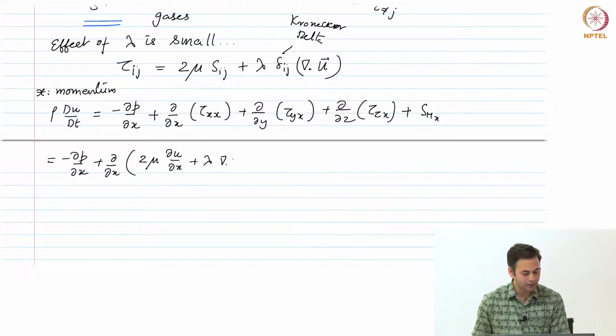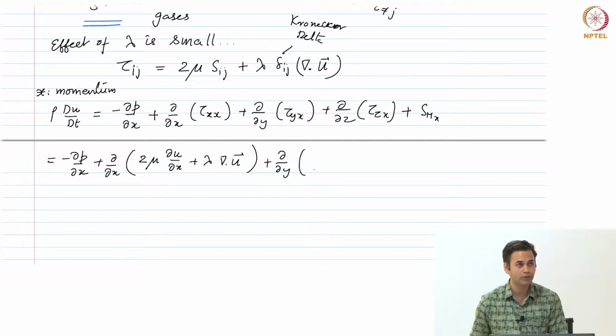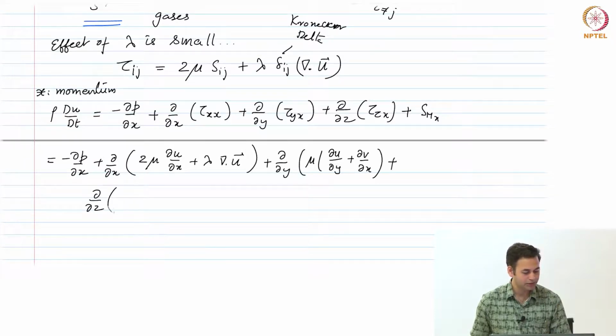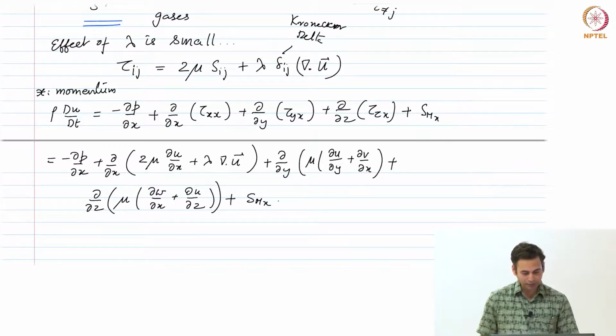Plus partial y of mu times tau yx, this would be partial u partial y plus partial v partial x, plus partial z of mu times tau zx. So this would be partial w partial x and partial u partial z, plus we have S_mx.